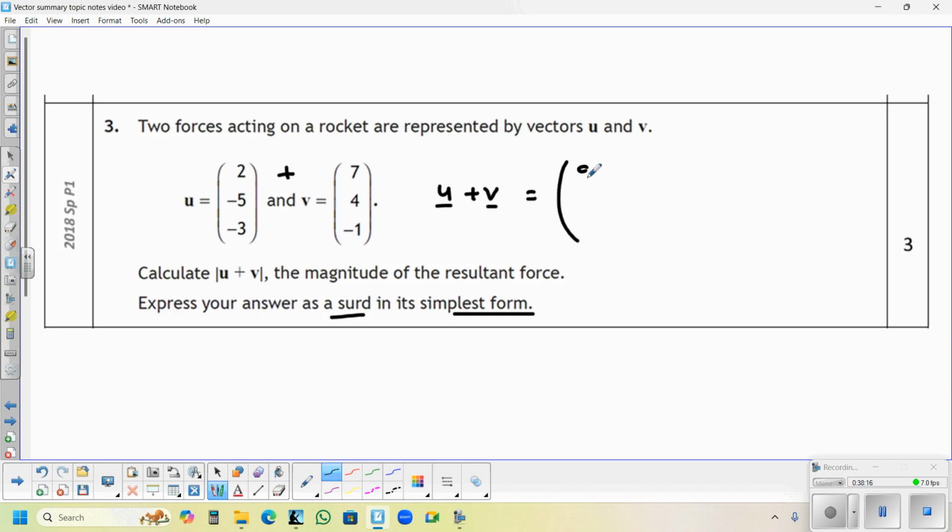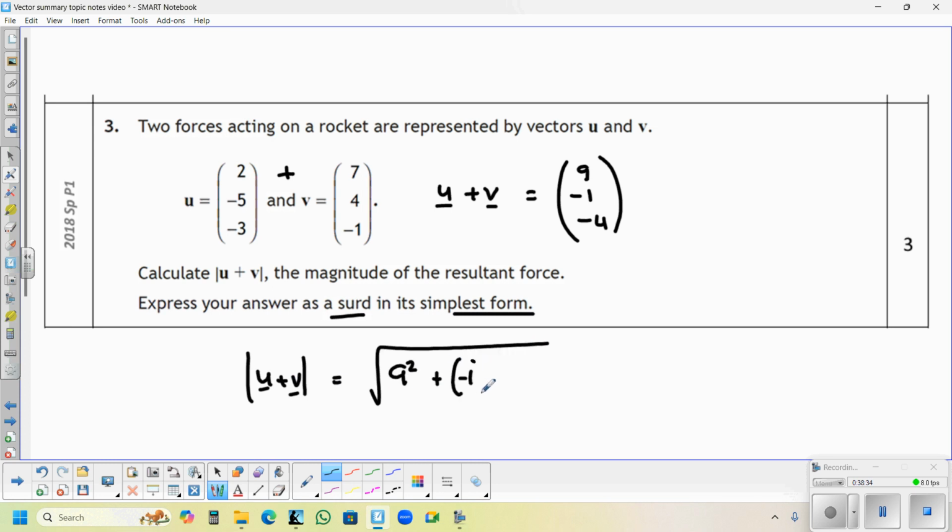So 2 plus 7 is 9, minus 5 plus 4 is minus 1, and minus 3 plus minus 1 is minus 4. So we want the magnitude of that vector. So u plus v magnitude is equal to the square root of 9 squared plus, in a bracket, minus 1 squared plus, in a bracket, minus 4 all squared.